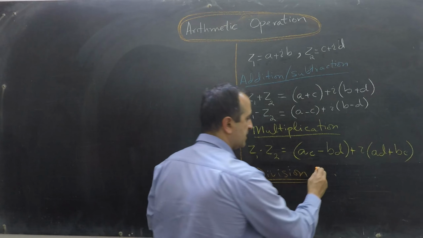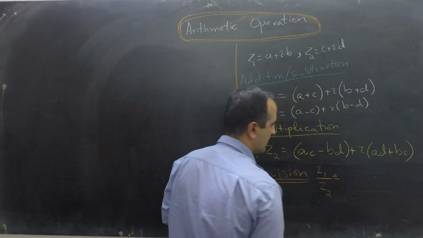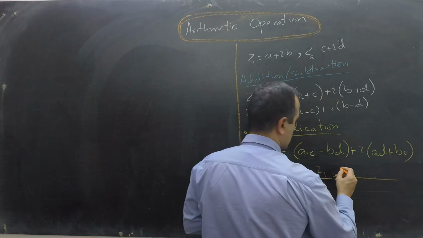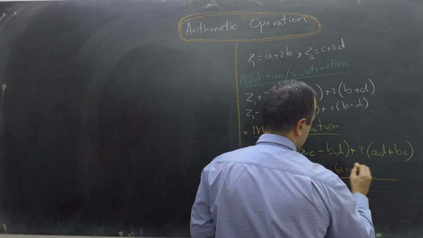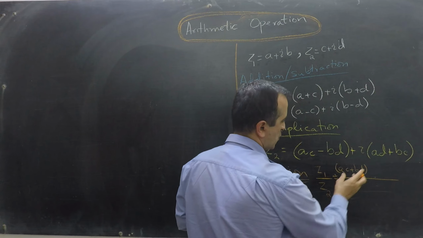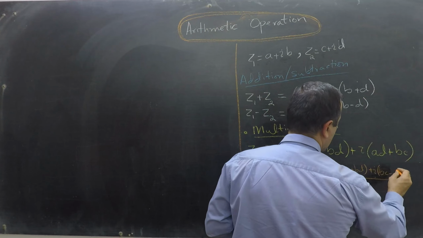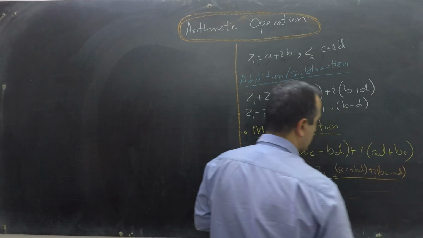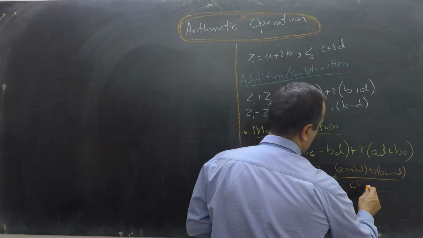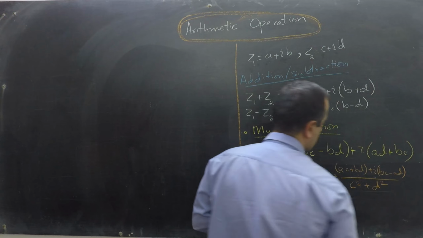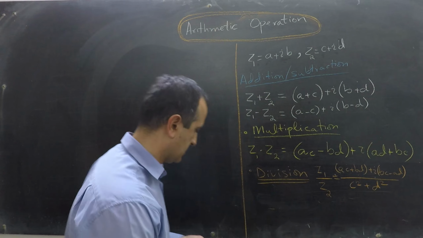So I have to divide z1 by z2, and my result will be ac plus bd, this will be my real term, in the denominator, plus iota bc minus ad, divided by c square plus d square. So let's verify this result by deriving it.